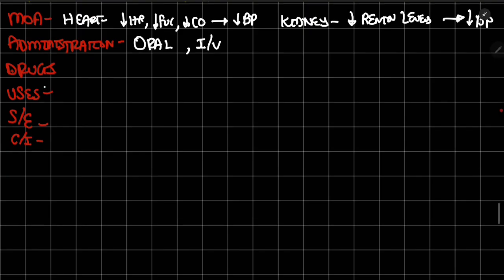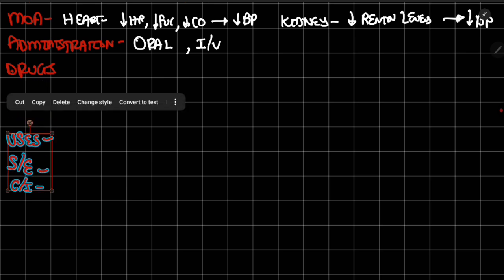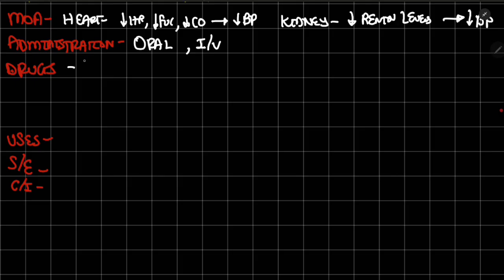Okay, what are the drugs? This is a bit tedious. We have beta 1 selective and non-selective. Non-selective blocks beta 1 and beta 2. Under non-selective we have two drugs, propranolol and timolol.